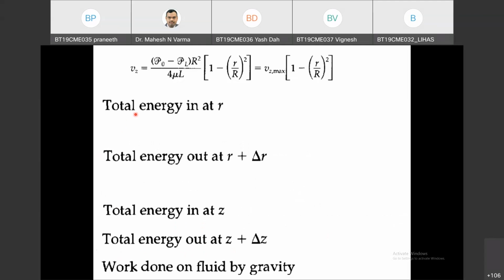So what is the total energy coming in the R direction? Roll number 38. Yes, sir.